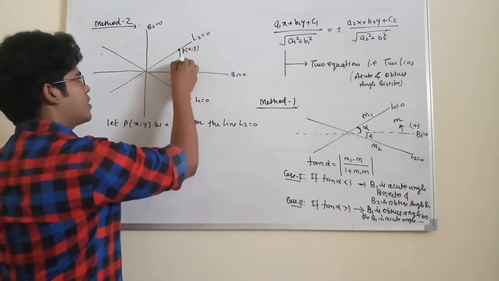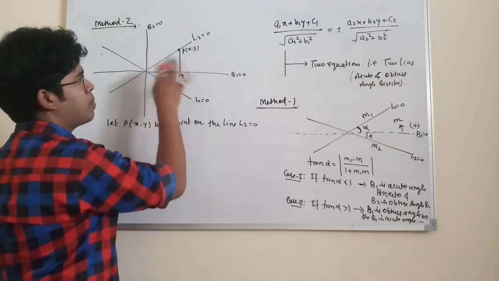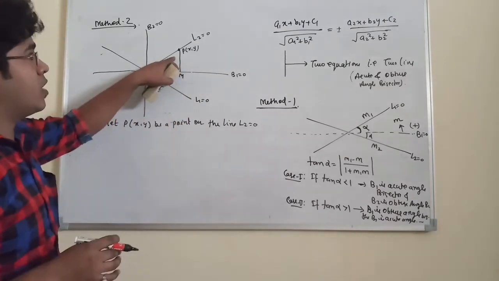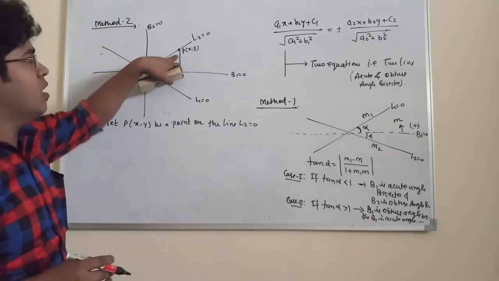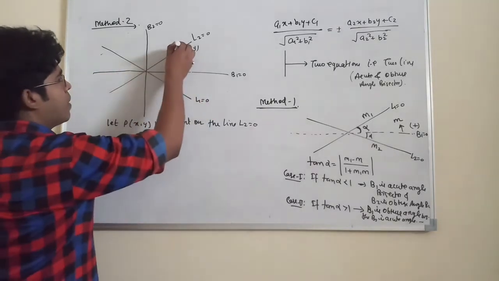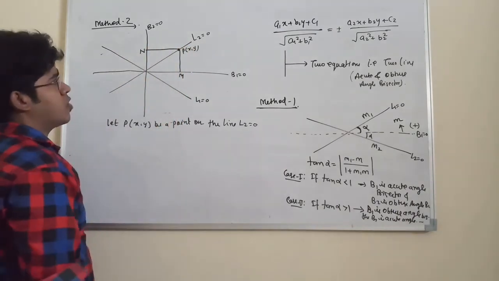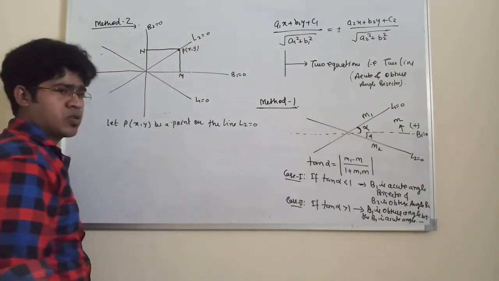So the perpendicular distance will be here. Suppose this perpendicular is PM. PM is the perpendicular distance of the point P from the bisector B1 equal to 0. And PN is the perpendicular distance of the point P from the line B2 equal to 0.